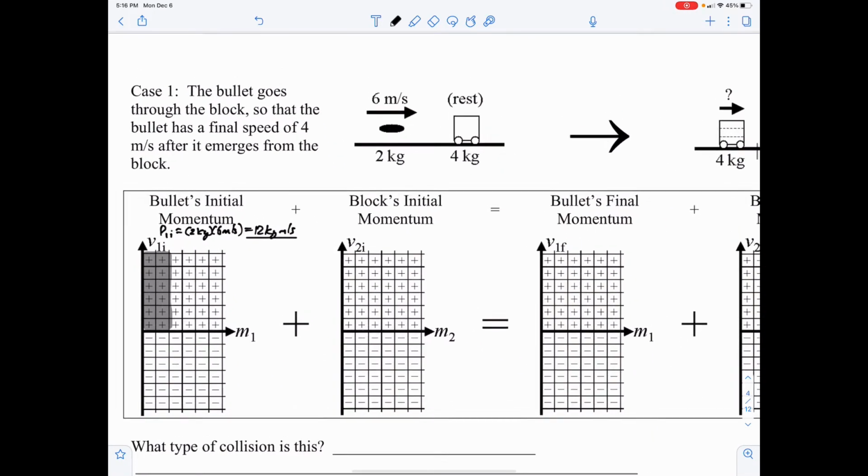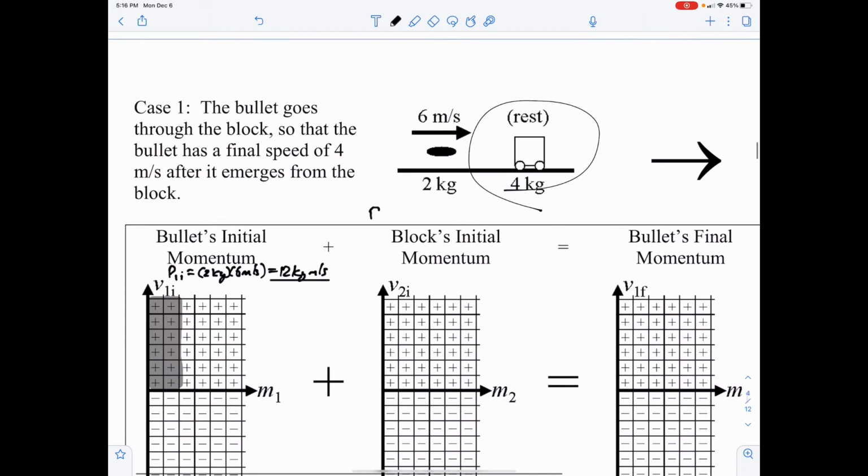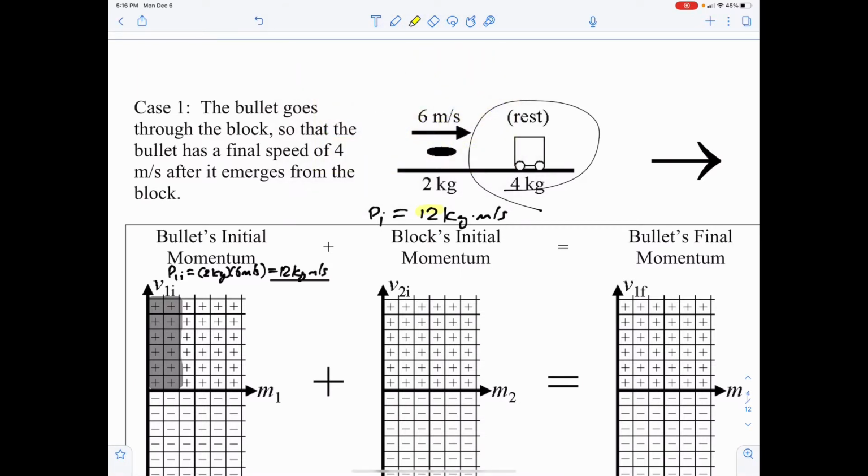The block's initial momentum, well, it's at rest, so there should be nothing. So the initial momentum, P initial, is 12. Keep that number in mind. Total initial momentum, total momentum between objects 1 and 2, it's due to that.